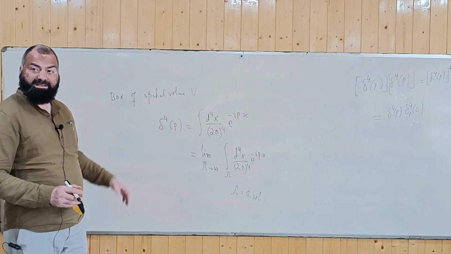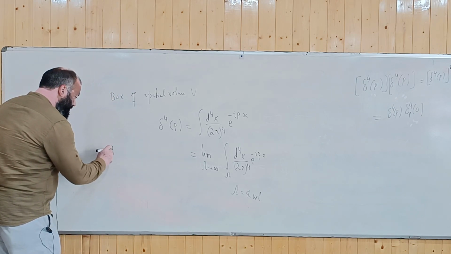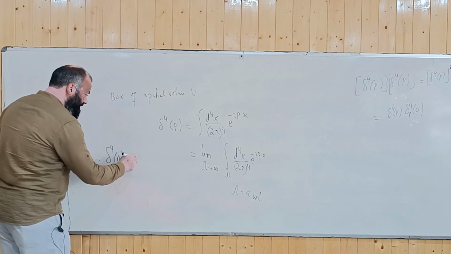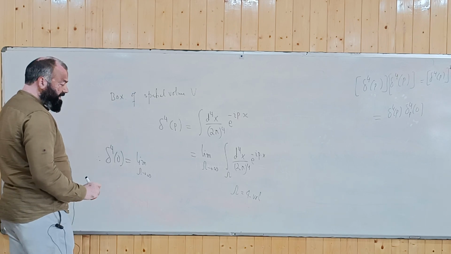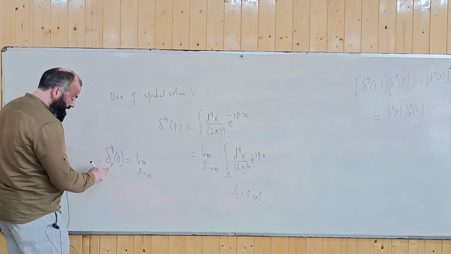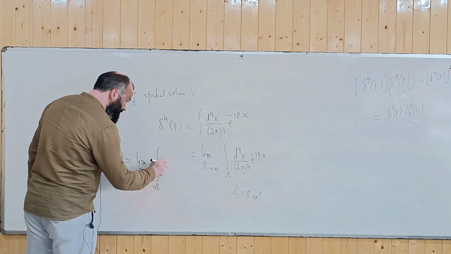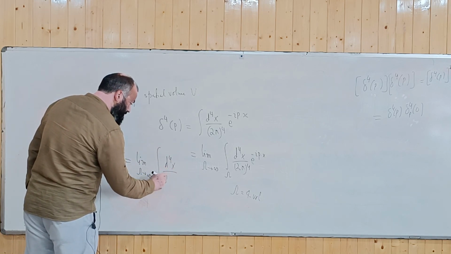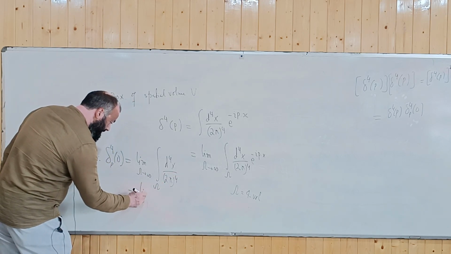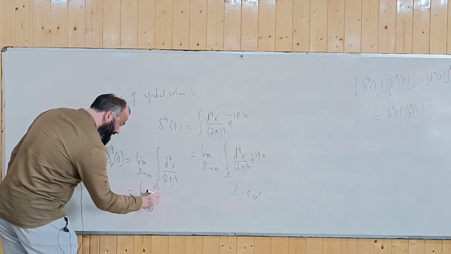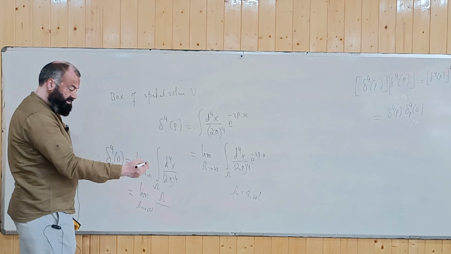V is the spatial volume. Therefore, I can write this delta 4 of 0 as the limit of omega tends to infinity. Let's put p here, which means it is in the momentum space. So it is simply the integration over d4x divided by 2 pi raised to 4. That will be simply the limit of omega tends to infinity. I will write this as omega because this is the integration over 4-volume.